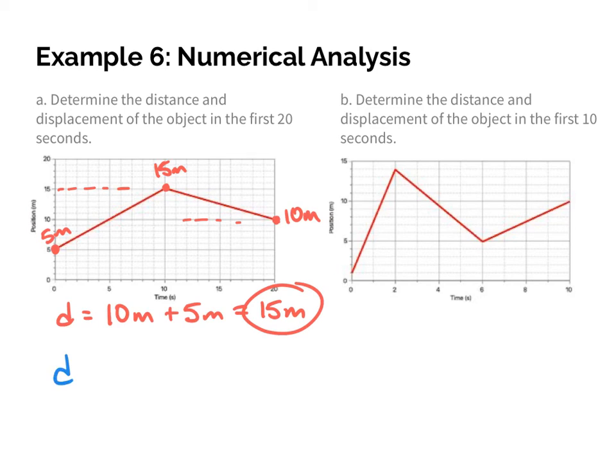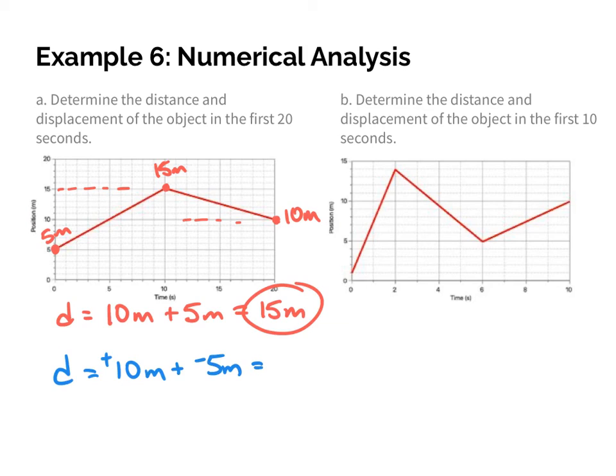Now, displacement is different because we want to look at direction. Notice how the first part of motion is 10 meters, but it's upwards. So we know that is a positive 10 meters because it's moving upwards. And in the second part of motion, the line is sloped downwards, so we know it's moving in a negative direction. So that 5 is actually going to be a negative 5 meters.